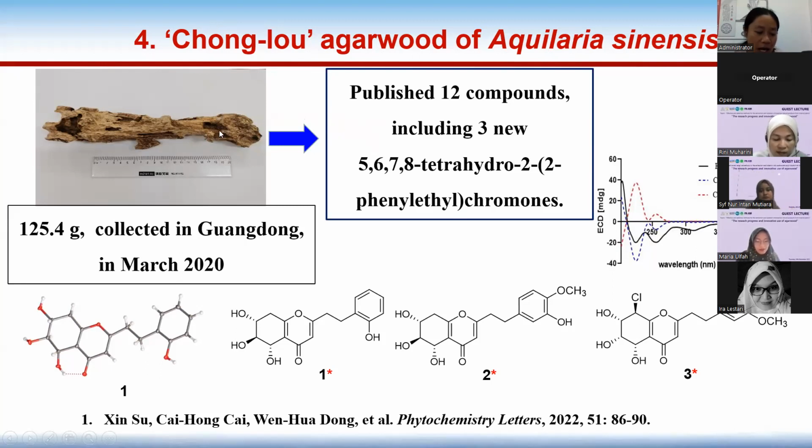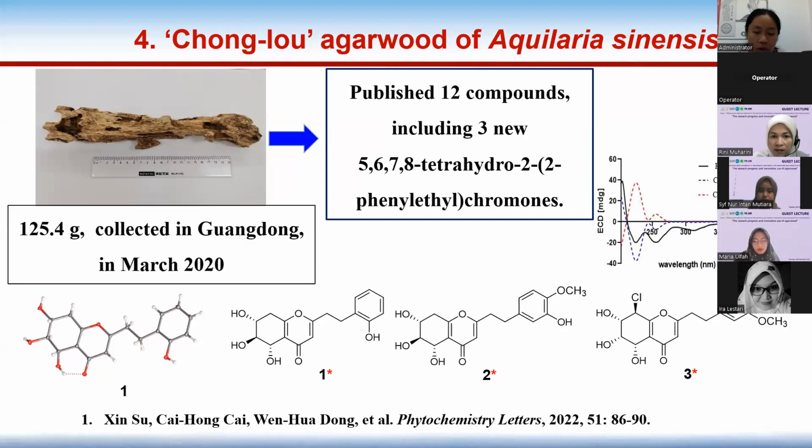This is a kind of wild agarwood produced after the woody tissue of trees is eroded by various insects, accompanied by a different response of the plant itself. Chonglou agarwood is recognized as one of the high-quality natural agarwoods.